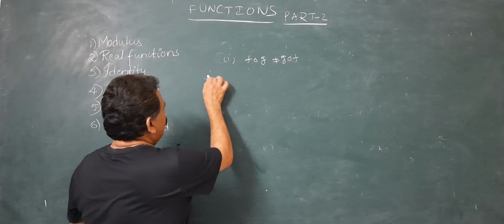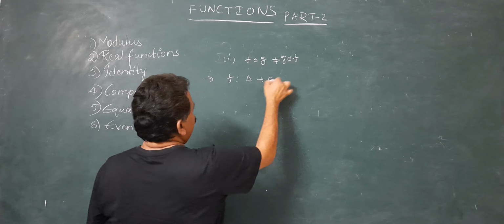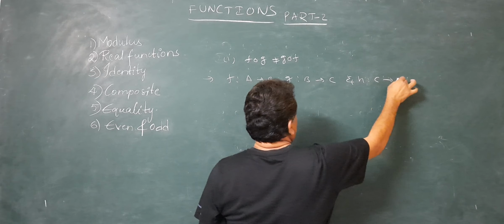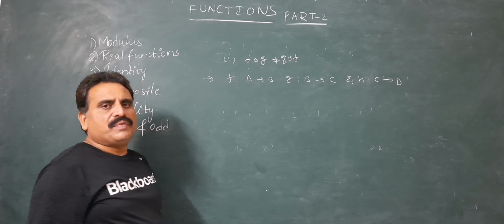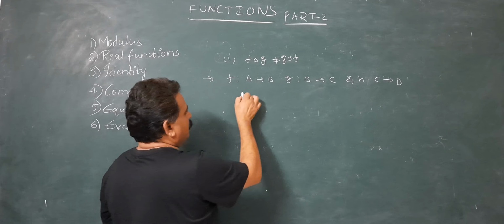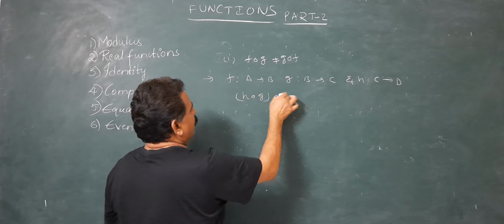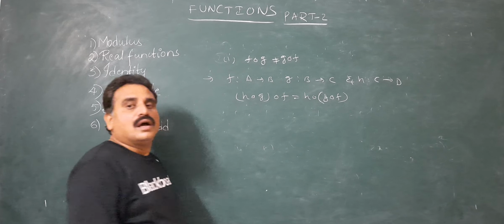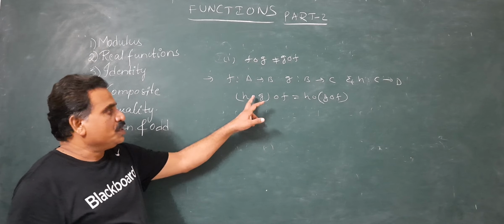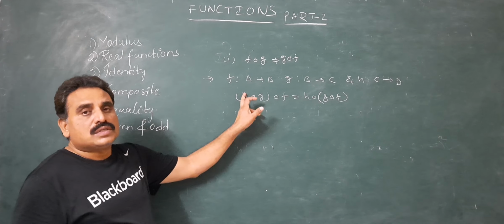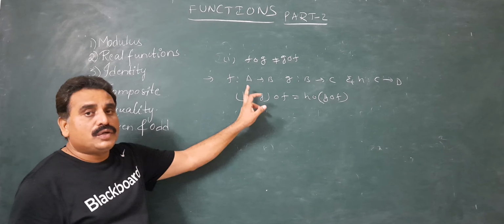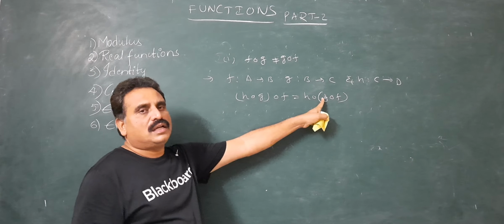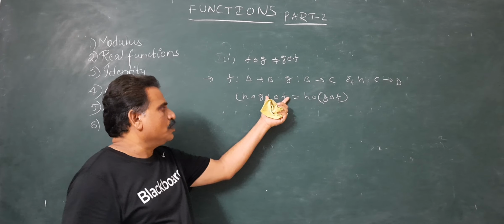That means f mapping from A to B, g mapping from B to C, and h mapping from C to D, then h circle g circle f equals h circle g circle f. This is called the associative property. We can take the bracket for these two or this one.